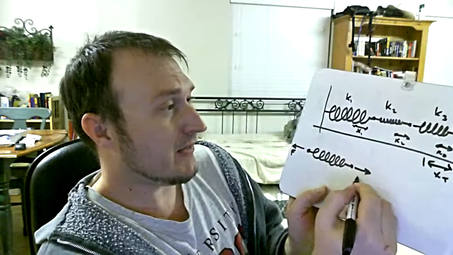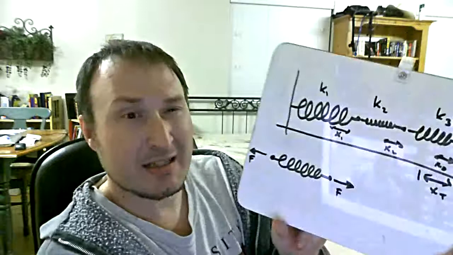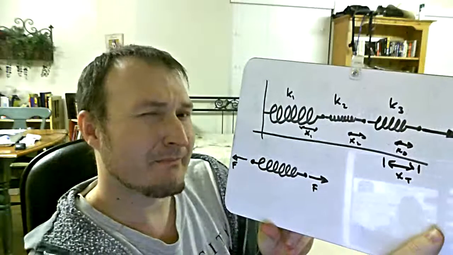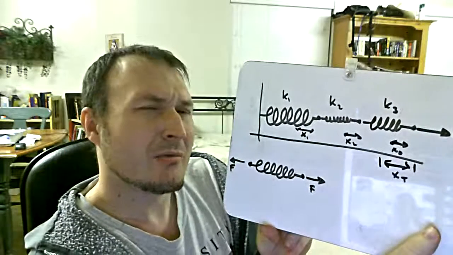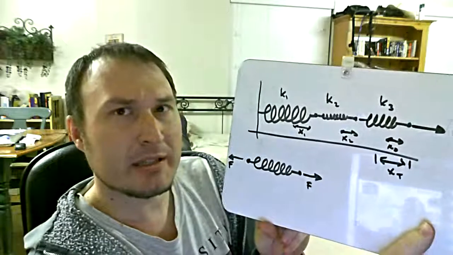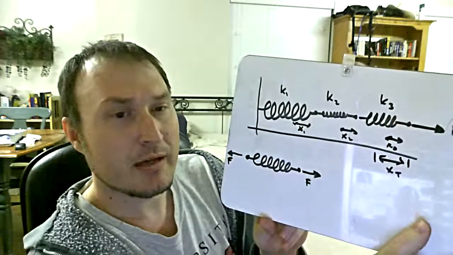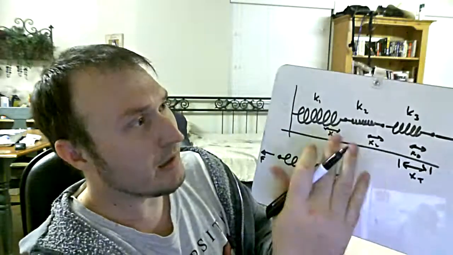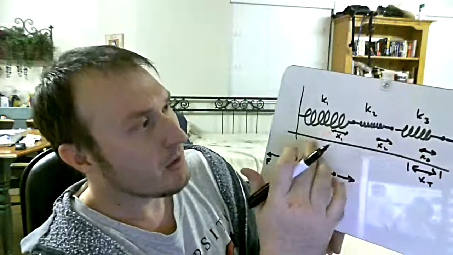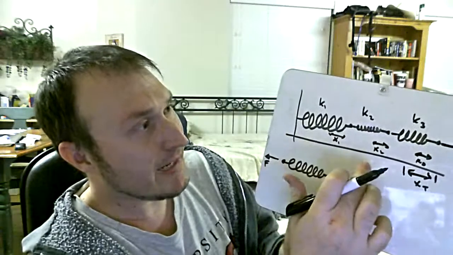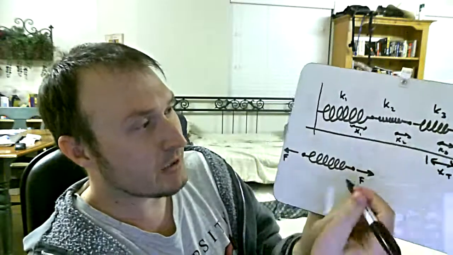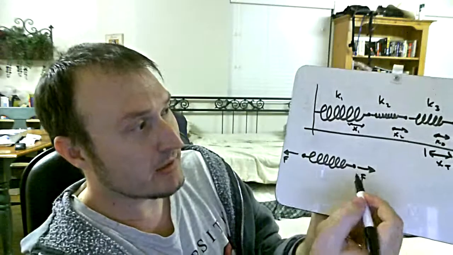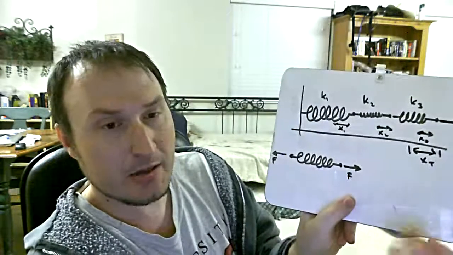And this is kind of interesting to me. It kind of rings of the tension in a rope. When you look at any given piece of a rope, you can say that the tension is equal at any point on the rope. As it turns out, for any one of these given springs I can draw, the forces on the ends of that spring are equal.